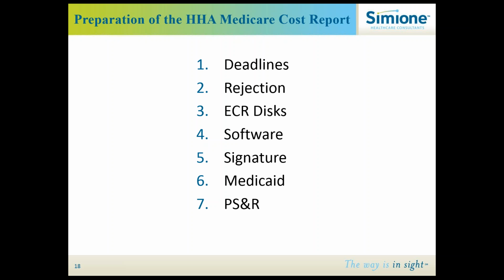You will file an encrypted disk which contains the cost report. Now this gets interesting. A couple of the MACs have gone to electronic filing, and we're not in favor of that. We're not advocates of it, and we don't recommend it. The reason being is you still have to send in the signature pages. You now have to worry about the electronic system, their email, coordinating with the signature page, and that it's all being accepted.